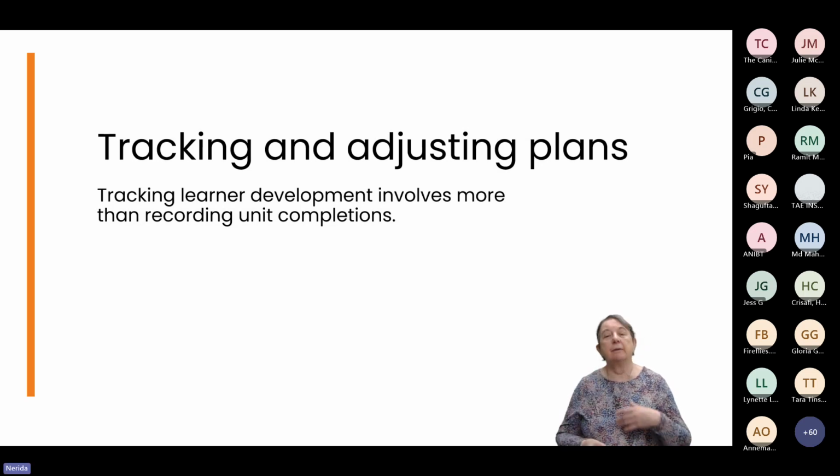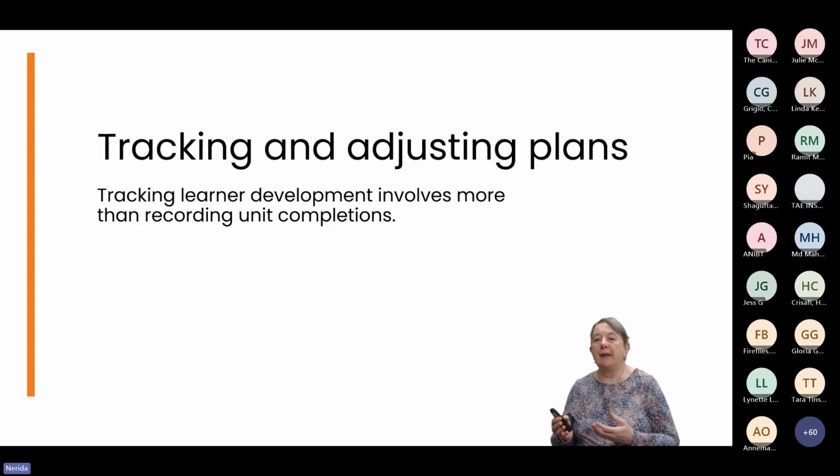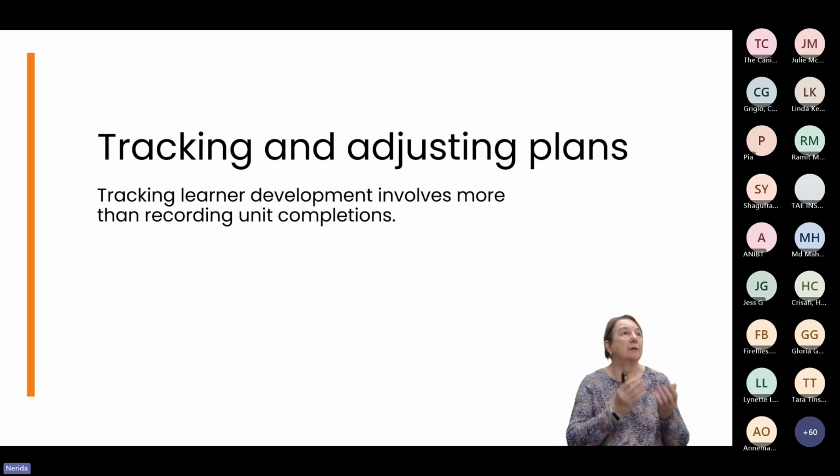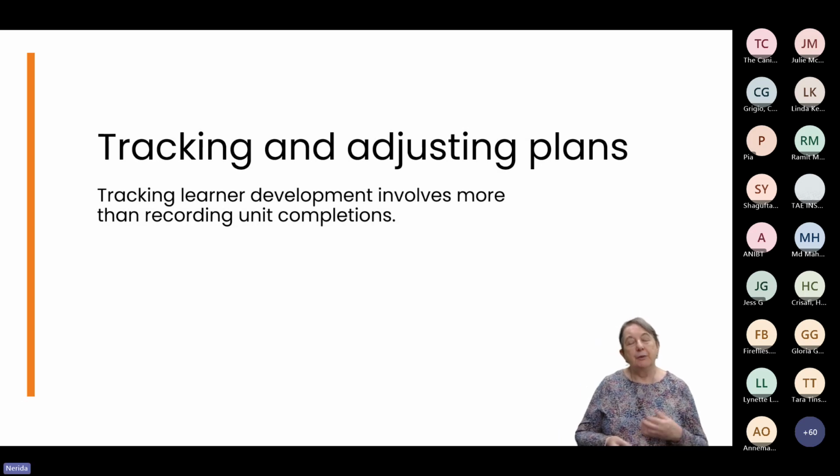Assessment results, attendance dips, trainer gut feeling, and even that occasional "I'm totally fine" when it clearly isn't. With the right mix of info and action, RTOs can catch issues early, tweak what's needed, and keep learners on the rails.